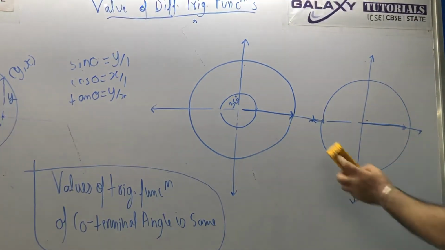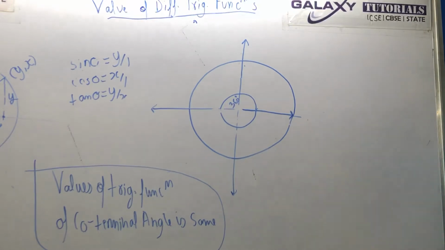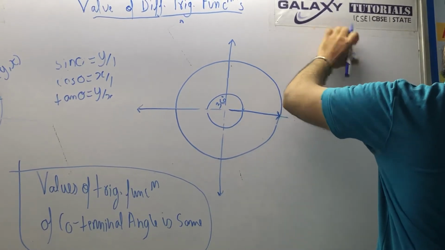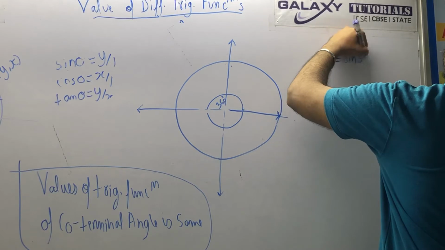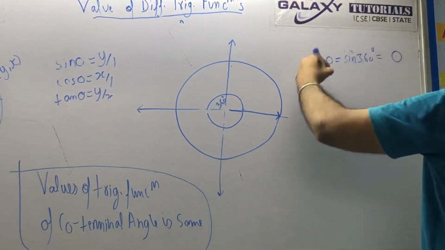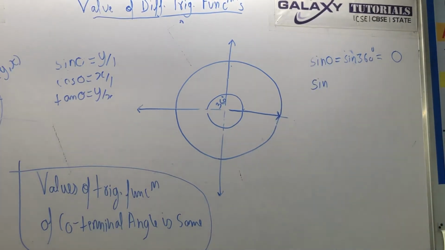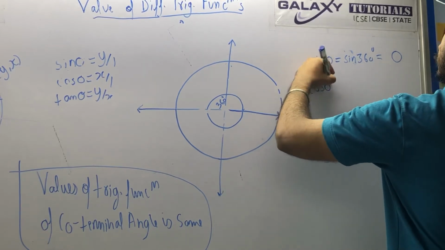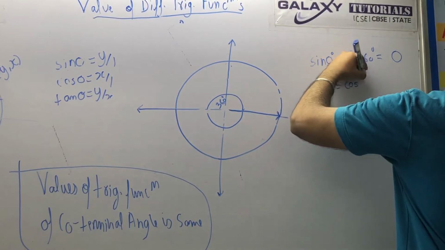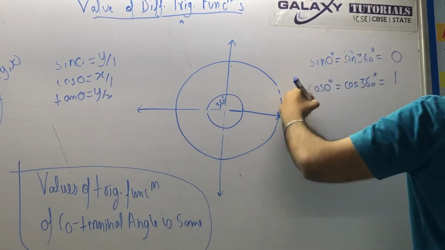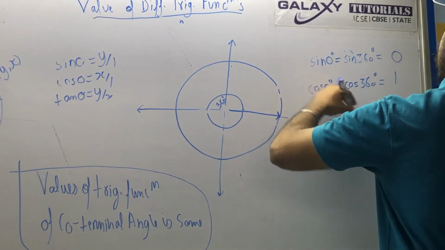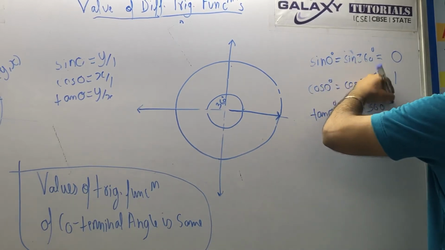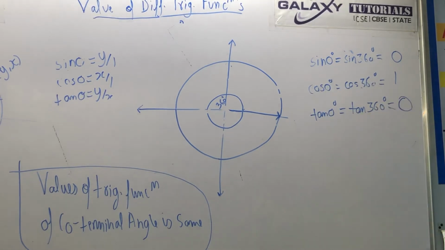For 360 degrees I can write sin 0 is equal to sin 360, which is equal to 0.